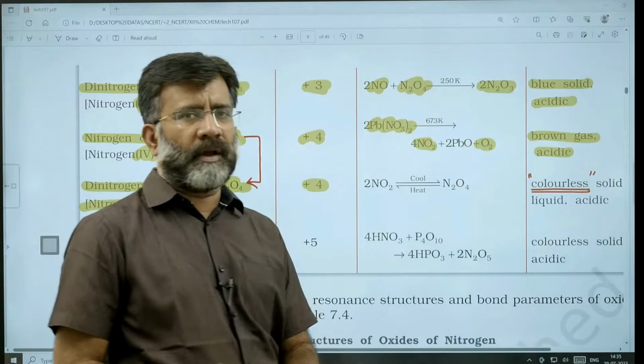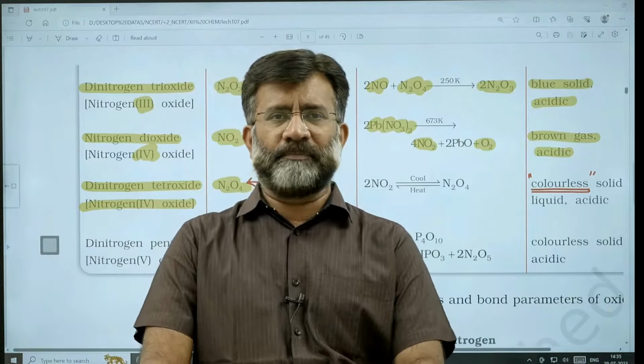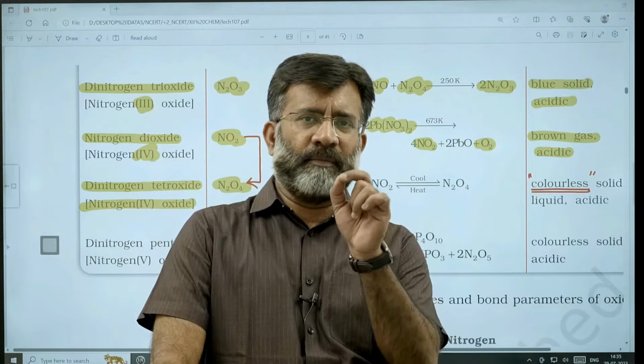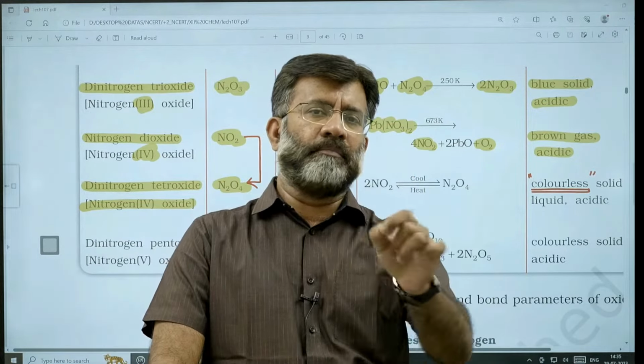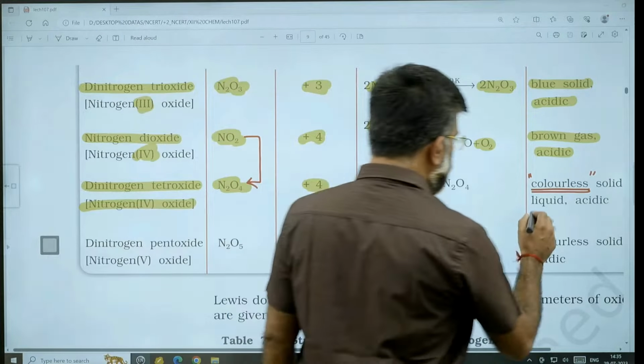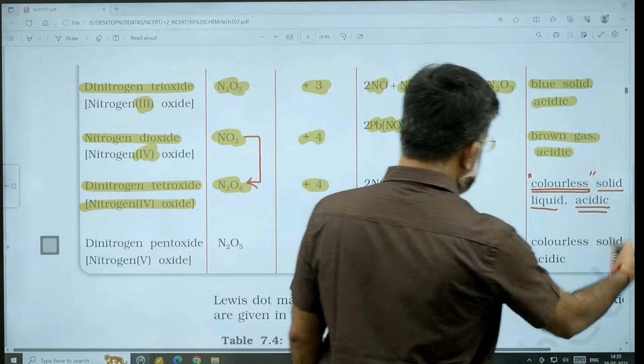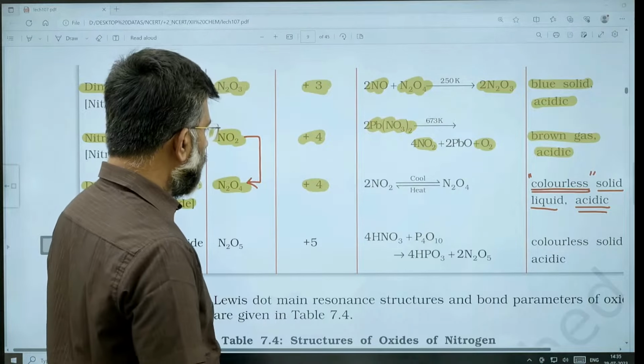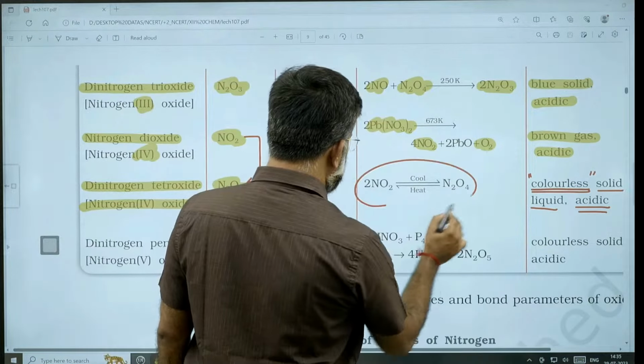The brown colored nature of the gas is disappearing due to the involvement of that single electron in bonding. So it is colorless gas or colorless solid or even in the liquid state, and of course it is acidic in nature. And there exists an equilibrium like this.